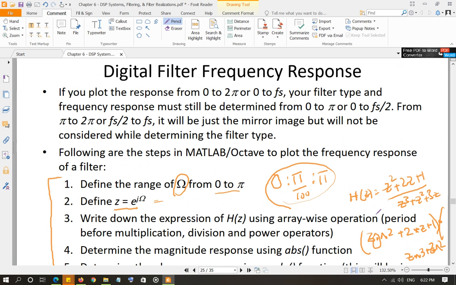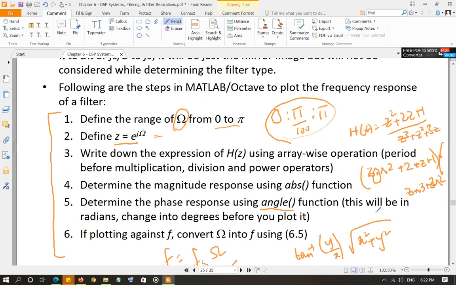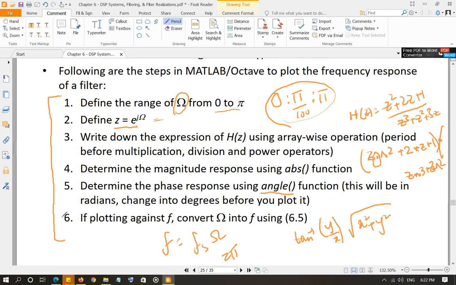Okay, how do you do this in MATLAB? These are 6 steps to plot the response in MATLAB. First, you define the range of omega from 0 to pi. So 0 is the initial number, pi is the final number, and then the step size.